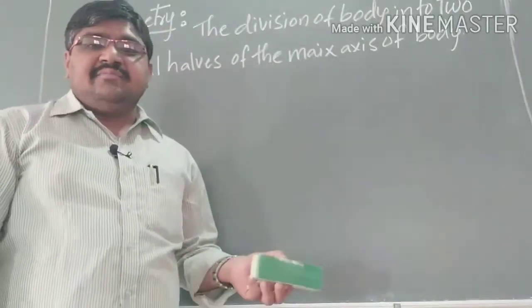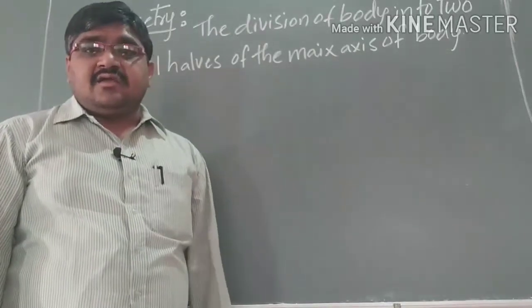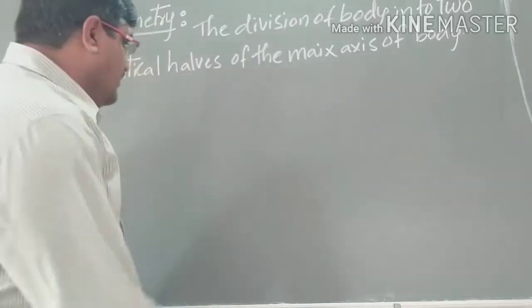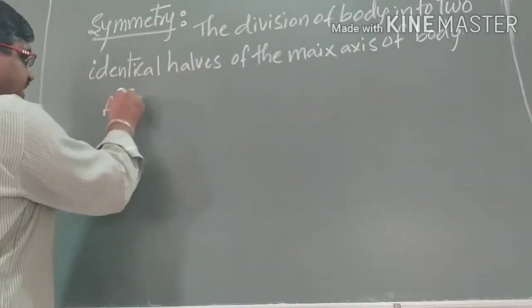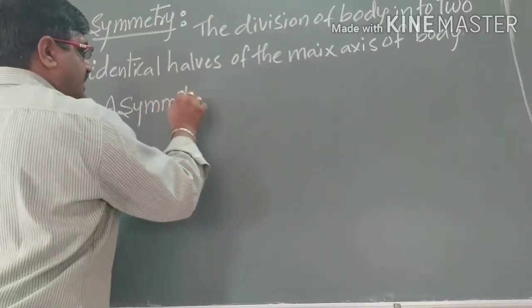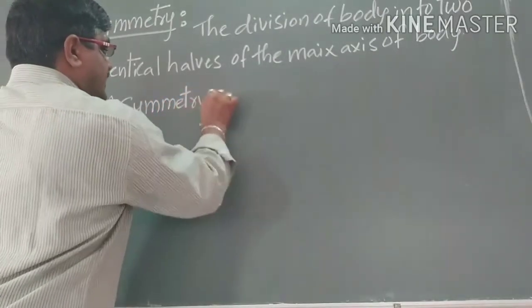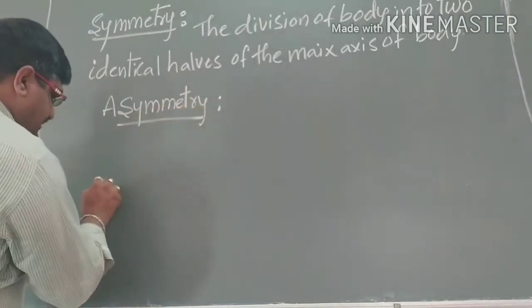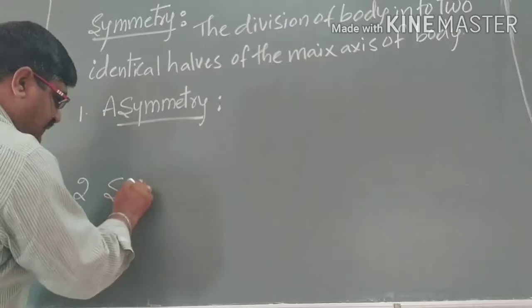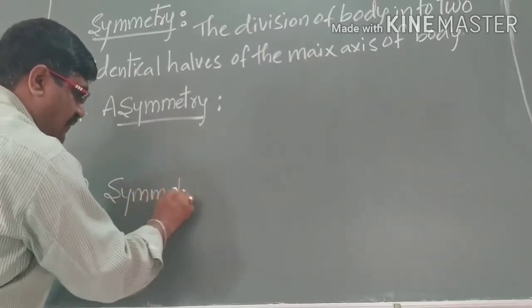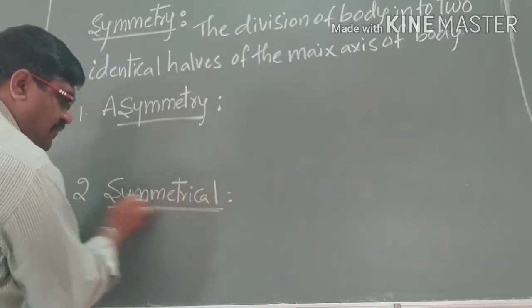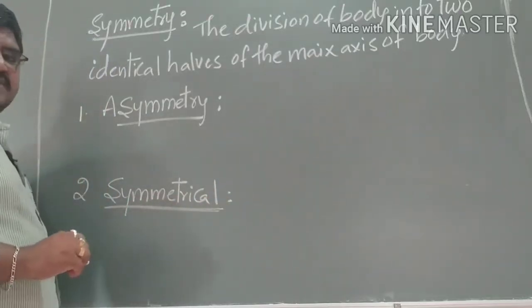Basically there are two types of symmetry. One we call asymmetrical or asymmetry, and the second one is symmetrical.